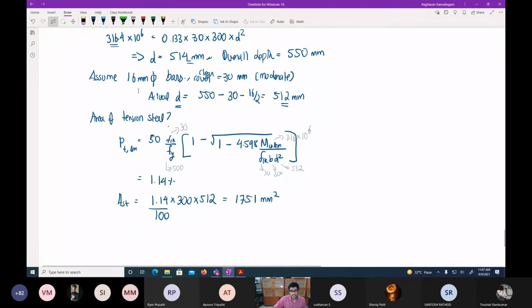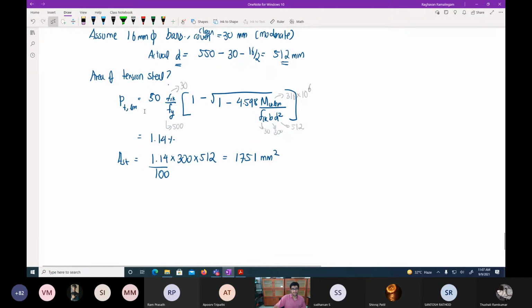So actually, we assume 16 mm bars. I don't think that will be enough. See, a 16 mm bar, its area is, if you do pi d square by 4, pi into 16 square by 4, you get 201 mm square. So one bar is 200 mm square. So how many bars do you need to give for this?